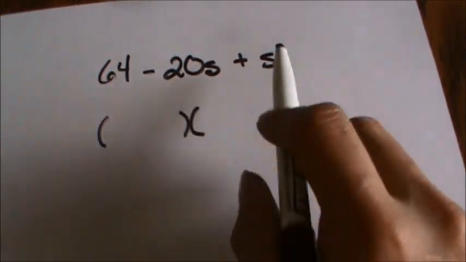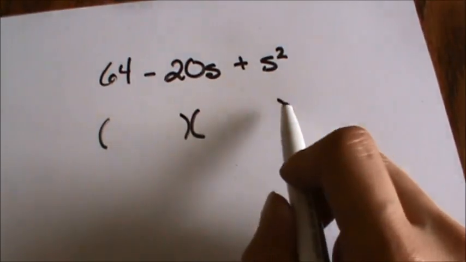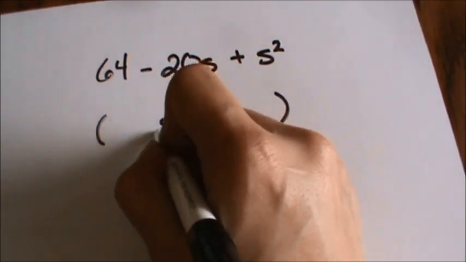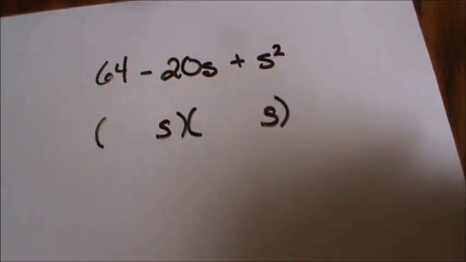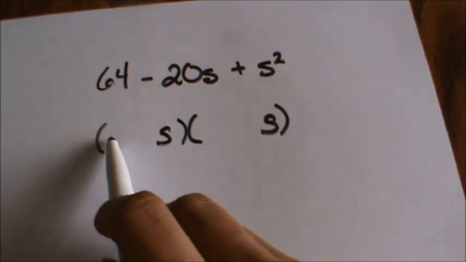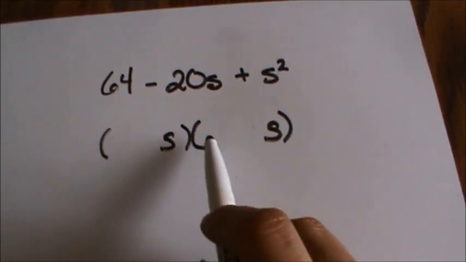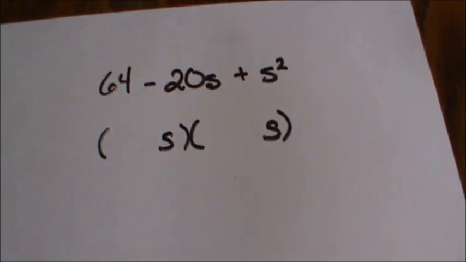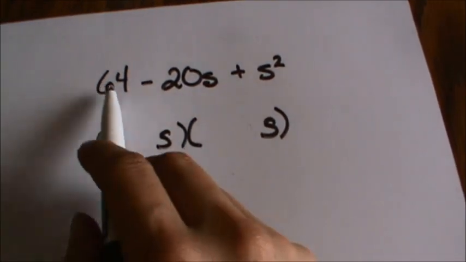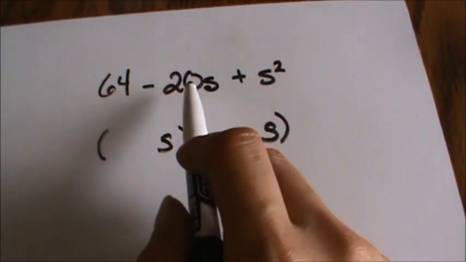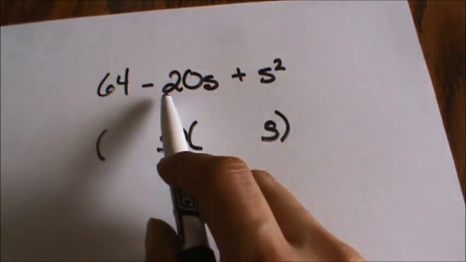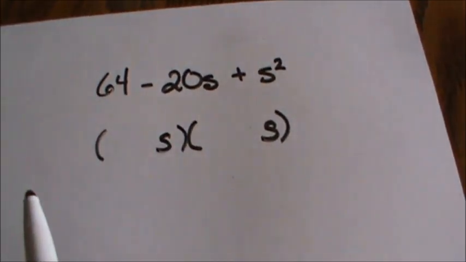I know that my last term needs to be an s and an s. That's the only way I'm going to get s squared. And I know that my first term, whatever these two are, they will multiply to be positive 64. The question is, what will those also be so that my middle terms will be negative 20?